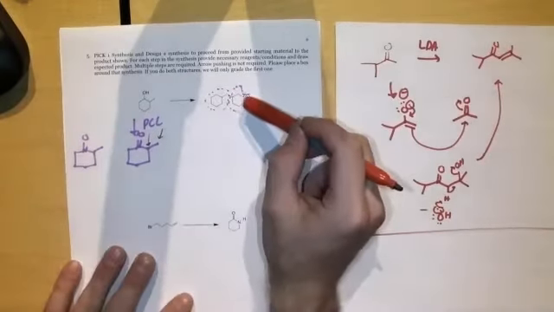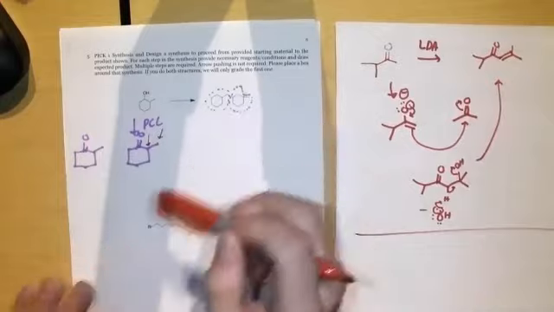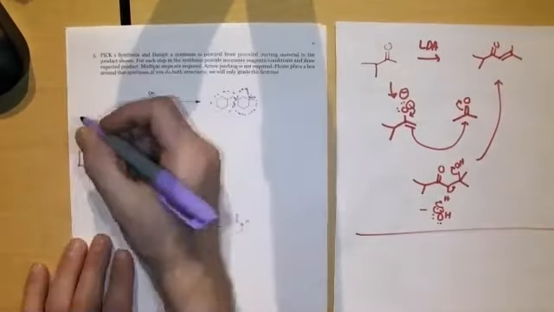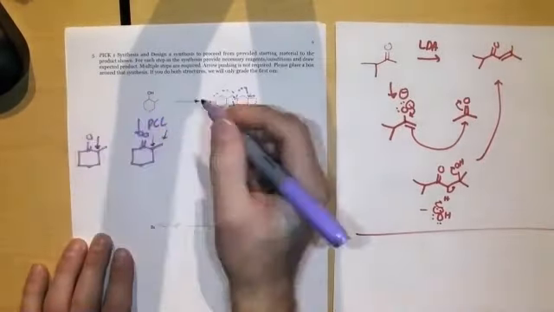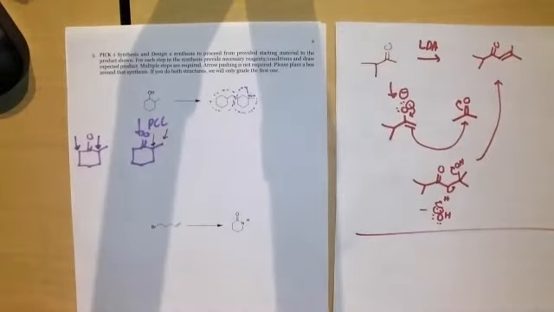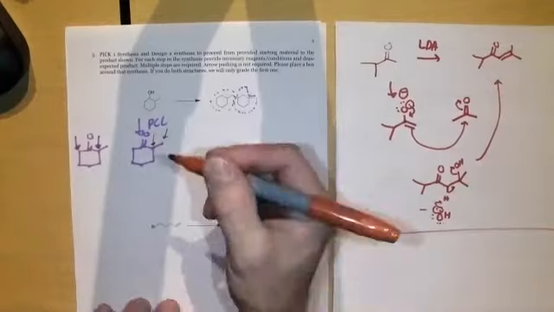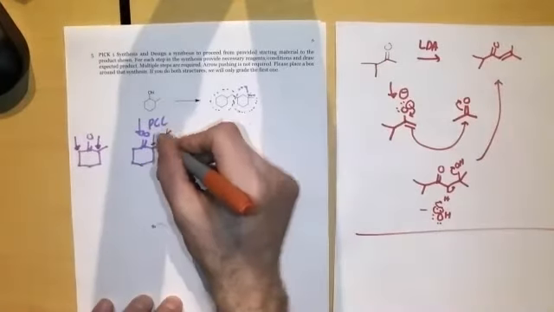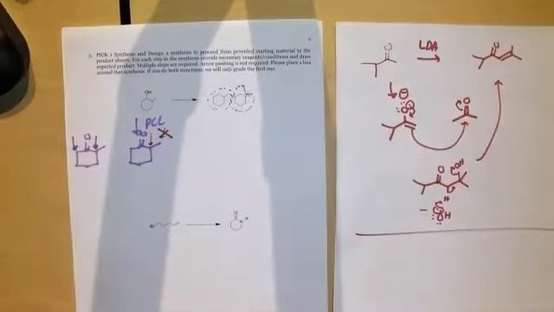Versus if we want it to be the one that's in purple, we would need to add a methyl to this alpha and then this large group to your other alpha. And seeing as we don't know any reactions that add to this position, this is most likely not going to be the way that we have to do this.